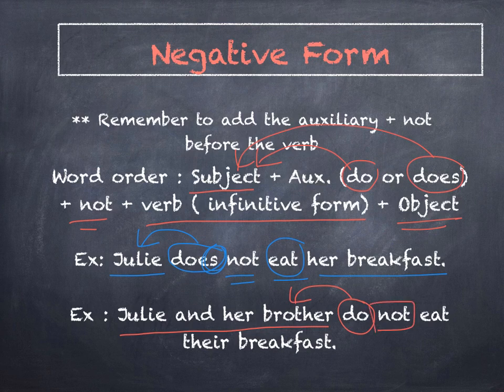Once again, I will find my word that makes my sentence negative, not. My verb is in the infinitive form, and then at the end of my sentence, after the action verb, I will find my object.